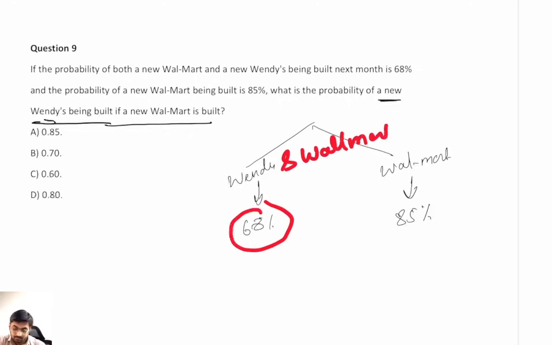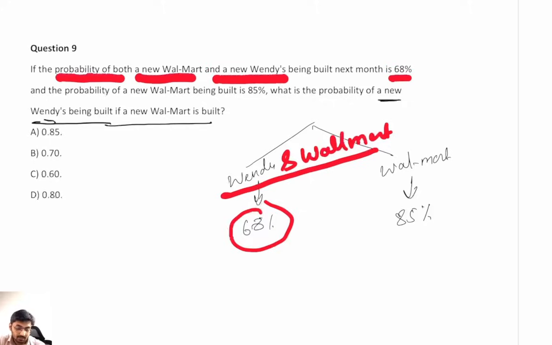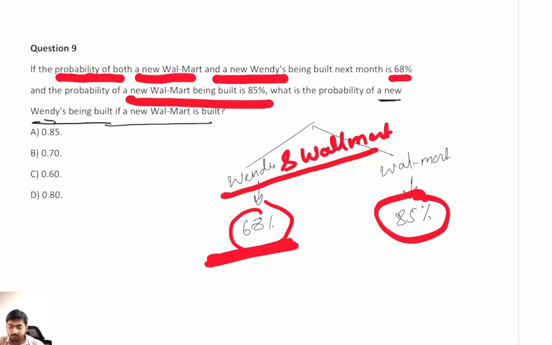Okay, 68% for Wendy and Walmart both, because there you see the probability of both a new Walmart and a new Wendy is 68% and the probability of new Walmart is 85%. So this is a combined probability and this is an individual probability.